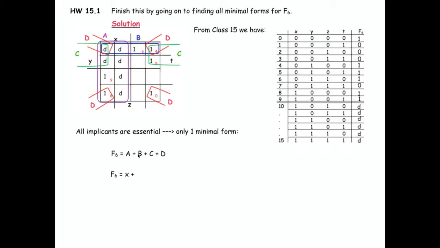We have to add up all 4 prime implicants, and then we translate them into actual inputs. So A fully falls into X, so that was easy.